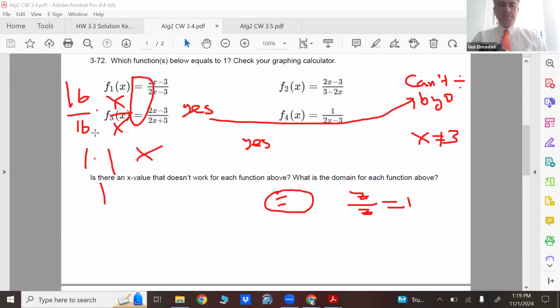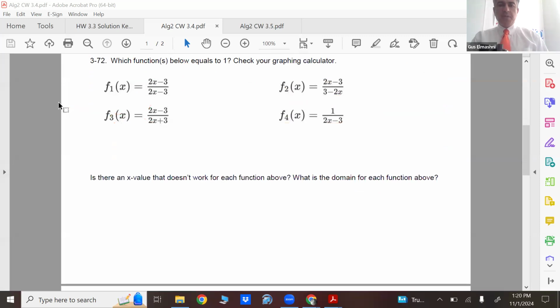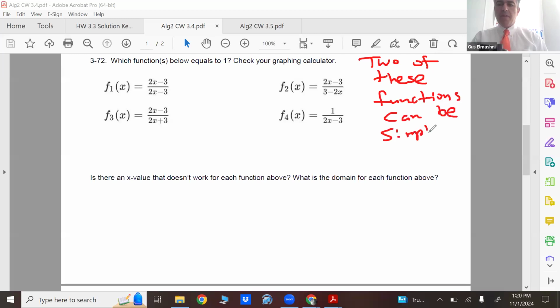So let's look at 72. So before, hold on a sec. Before we do this, 2 of these functions can be simplified, assuming the variables really don't equal 0.